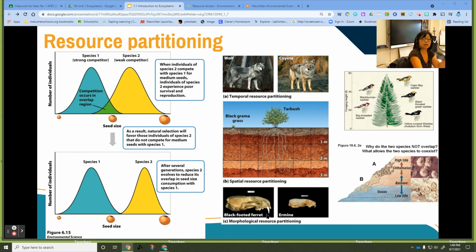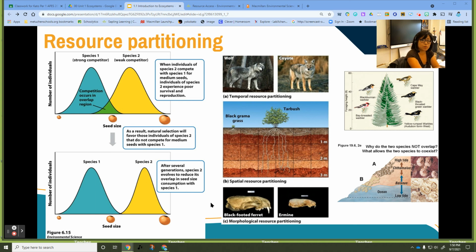So they can eat the bigger groundhogs and maybe some other things, and then these little ermine will eat the little guys. So they're partitioning their niche because one is slightly bigger than the other, right? If they're the same size and feeding on the same type of prey, then the competition will be too intense, and one's going to end up outcompeting the other.